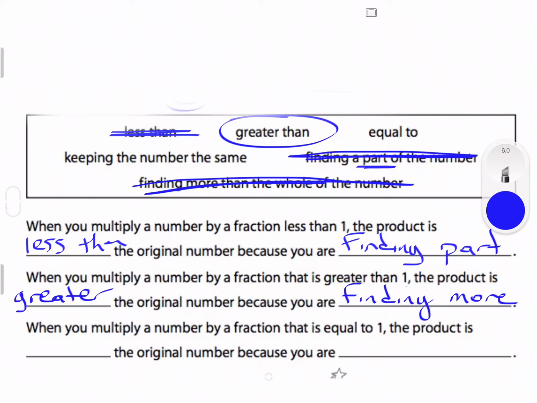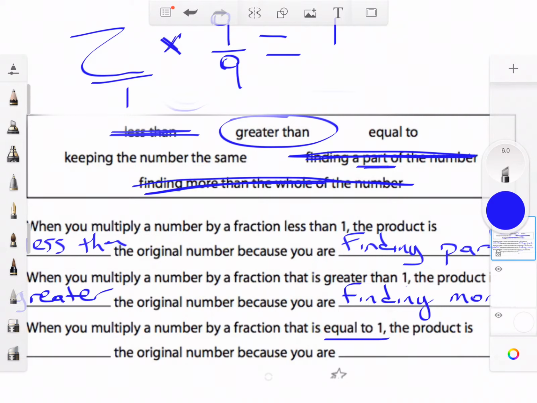When you multiply a number, 2, by a fraction that is equal to 1, well, any fraction equal to 1 is going to have the same number in the numerator as the denominator, and I'm just picking 9. So 9/9 is equal to 1. What is the product? Well, 2 times 9/9 is going to be 18.